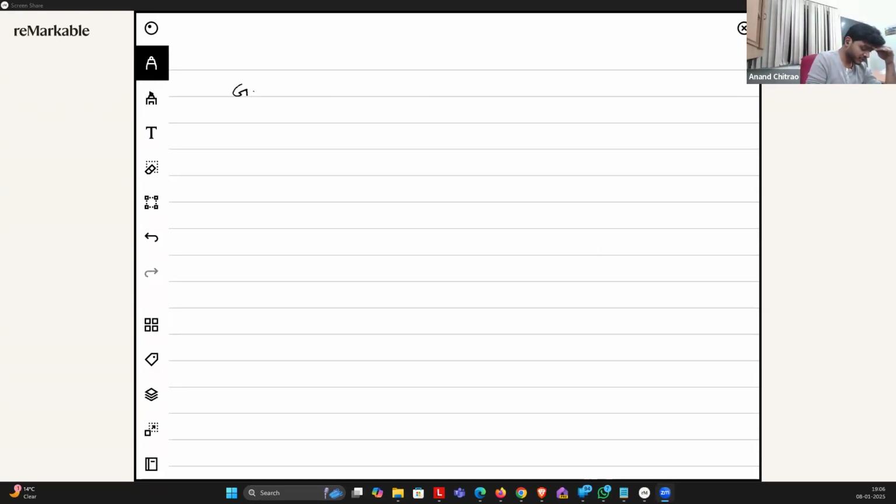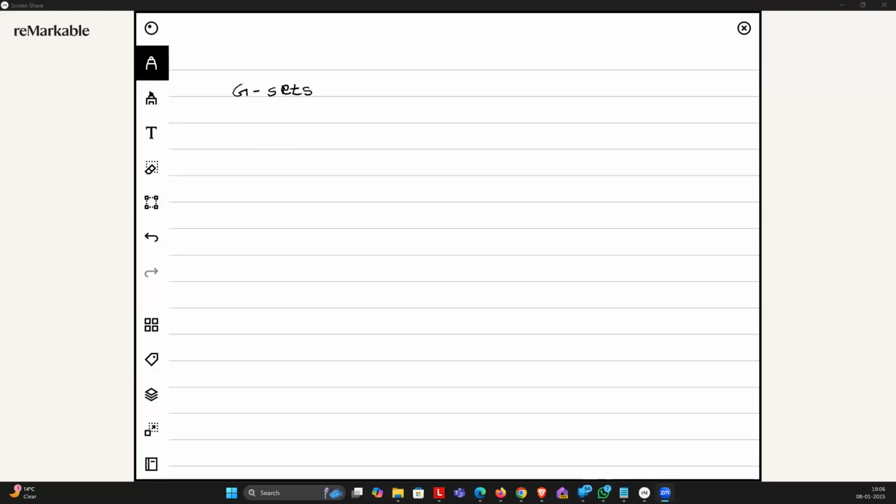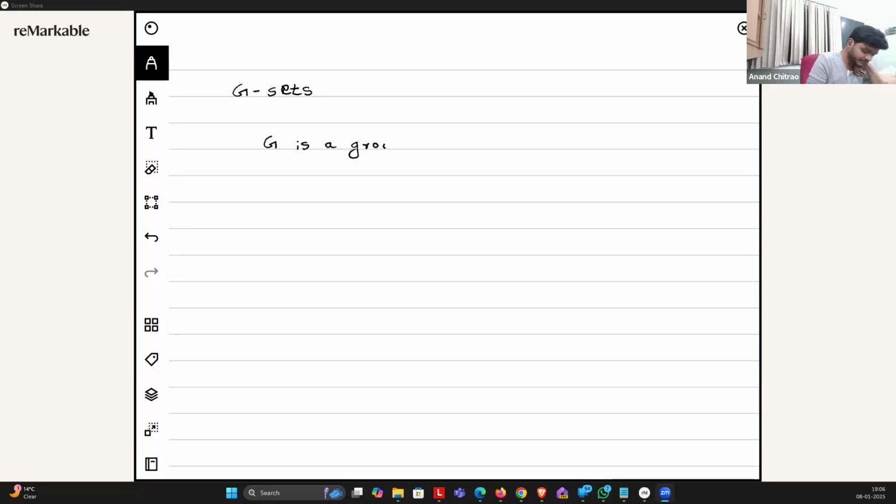So does anybody know what a G-set is? You can look at a group, G is a group, and let X be a set. Now suppose you have a map from G cross X to X. So you have seen an example.